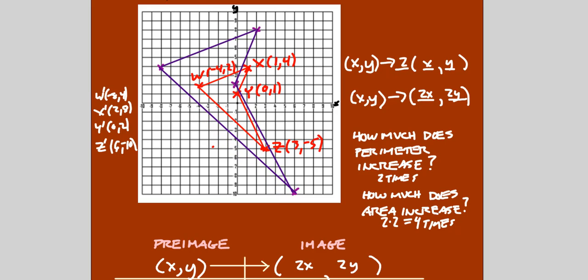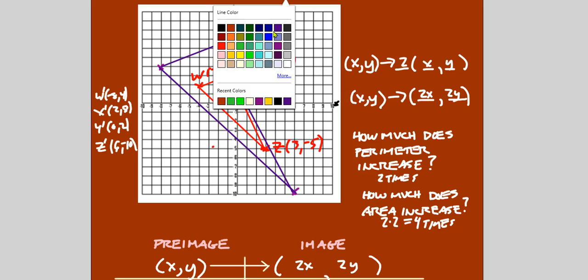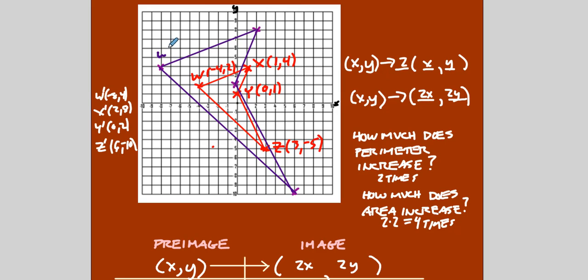So this is W prime, this is X prime, this is Y prime in there, and then this is Z prime. Okay, then this concludes this video.